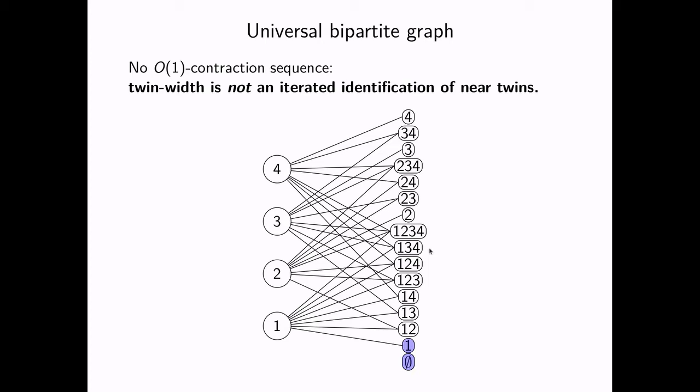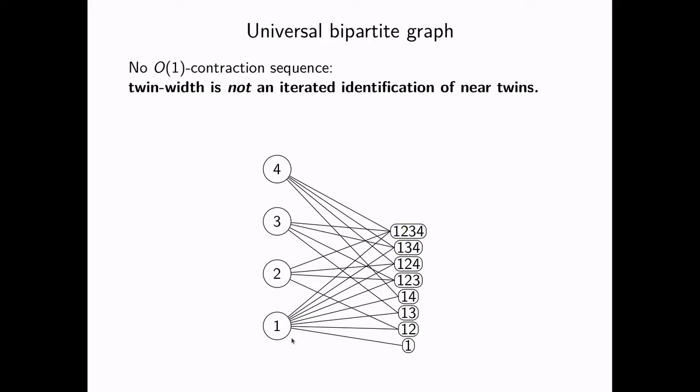But it has a sequence where I'm only contracting near twins, namely vertices differing only on being adjacent or non-adjacent to 1, and agreeing on the rest. So 1, 2, and so on. I could collapse this graph to this and proceed now with 2, 3, 4, and there is a complete sequence that would all the time merge near twins that differ on at most 1 neighbor.